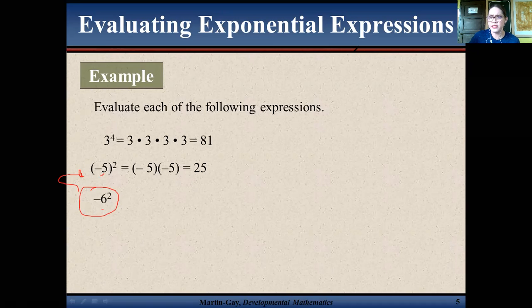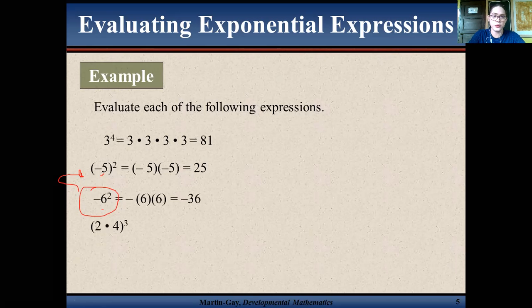That means only 6 will be repeated twice, not including the negative sign, because it's not inside the parenthesis, just like in the second example. So we have -36. Please do not forget about that, how you evaluate an exponential expression.